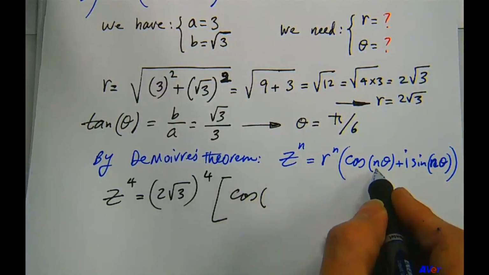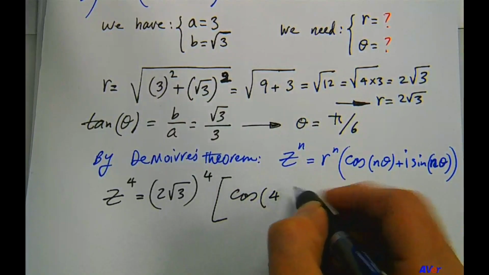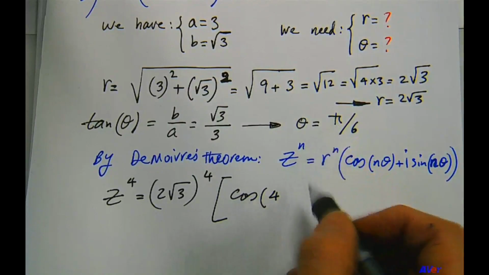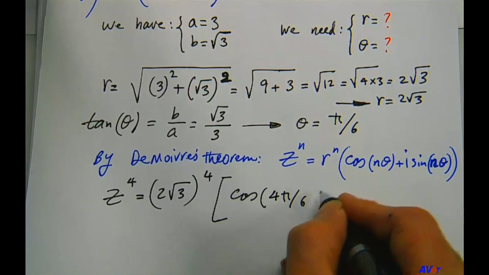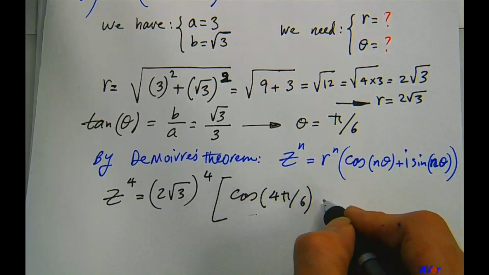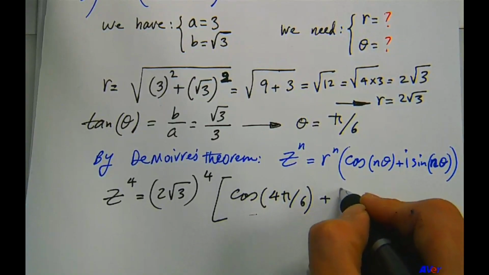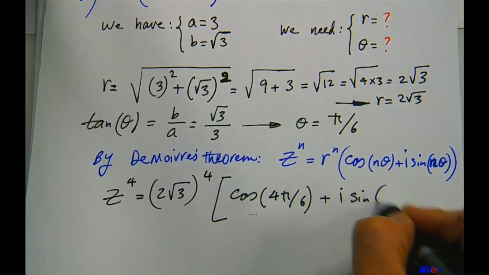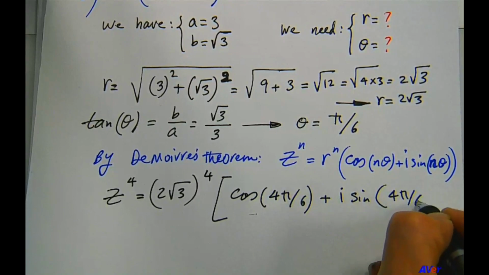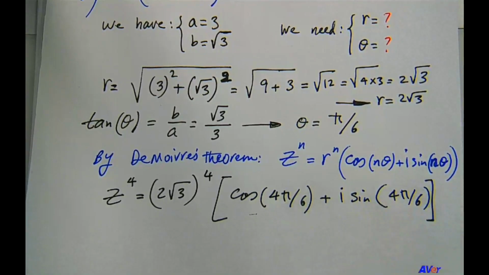The power is 4, and that's n. 4 times pi over 6. I will simplify this next. Plus i sine 4 pi over 6.